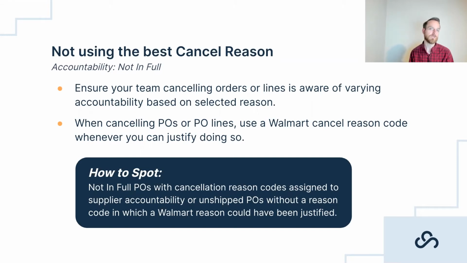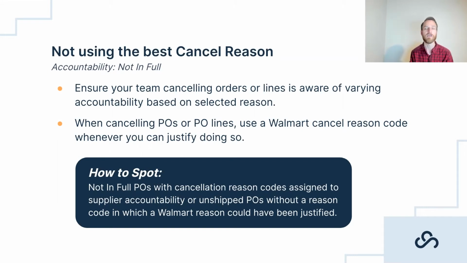When you do not have enough product to fill an order, or you do not plan to fill an order, Walmart wants you to cancel, and you can go through that cancellation process and tell them you're not going to fill this entire order, or you're not going to fill these specific items on the order. But that does not necessarily absolve you of OTIF accountability.